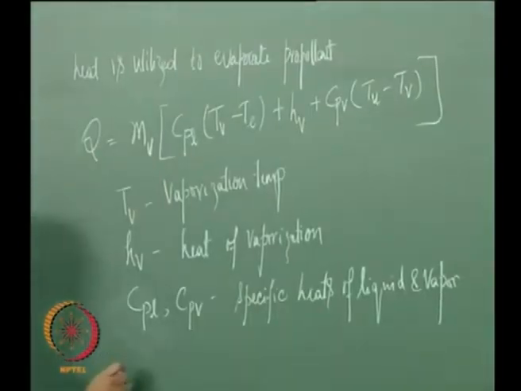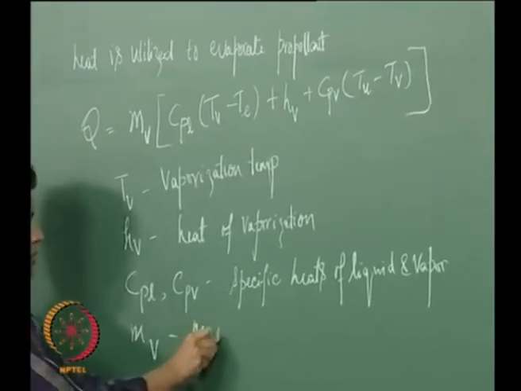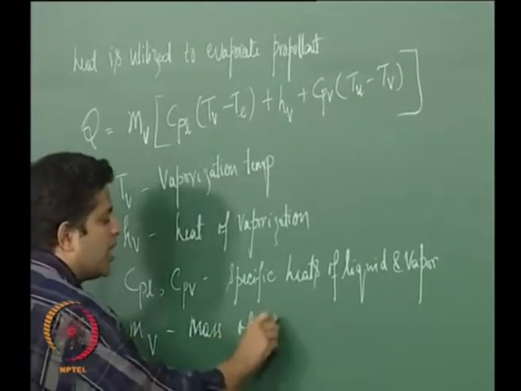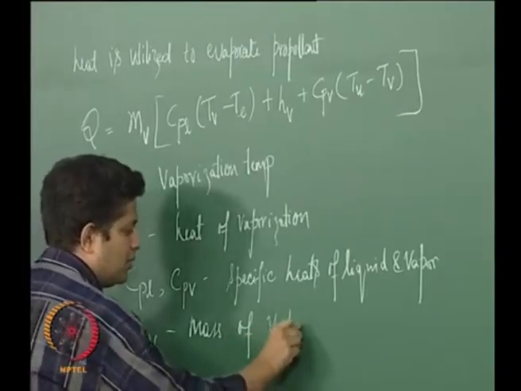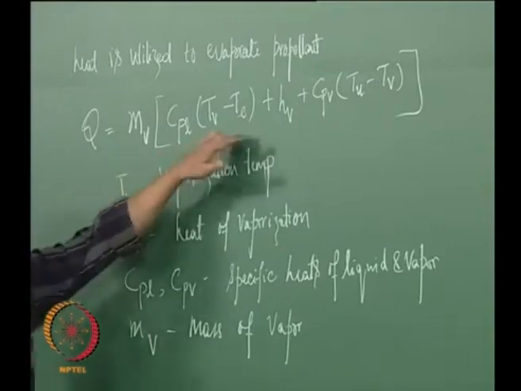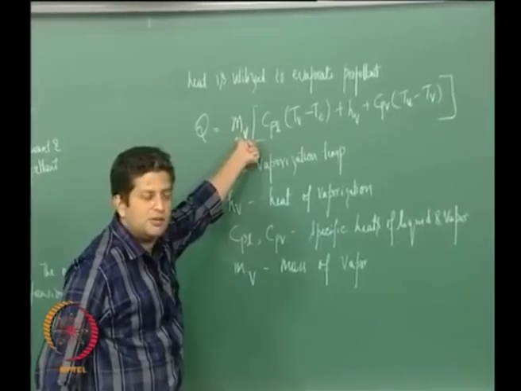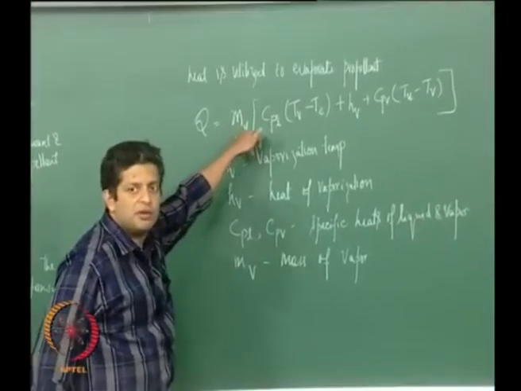And mv is the mass of vapor. Okay. So if we know all this, we can calculate this quantity. So we will know the mass of vapor.